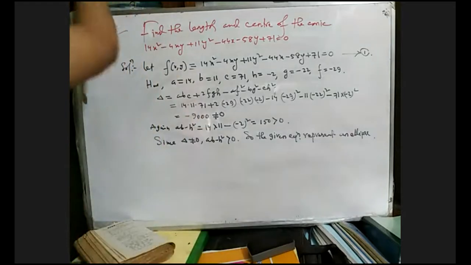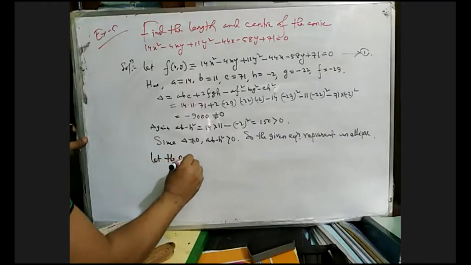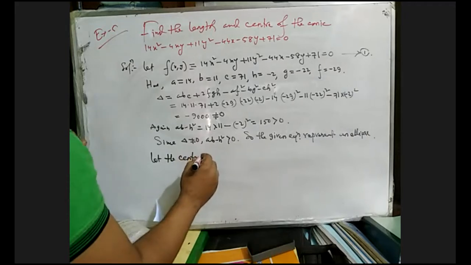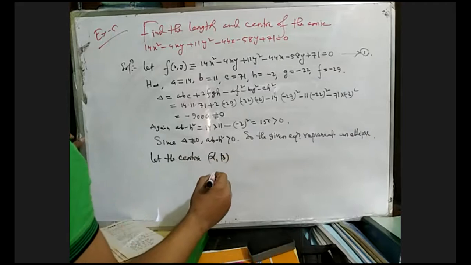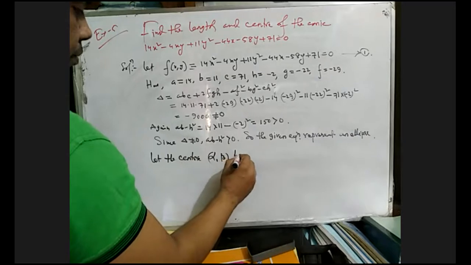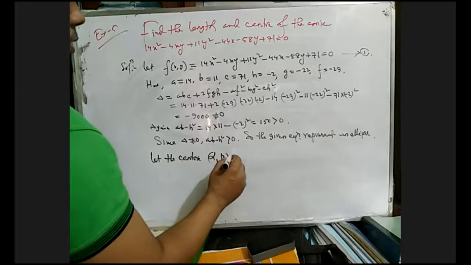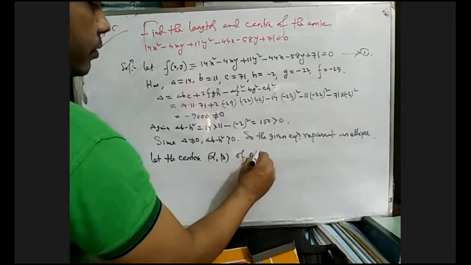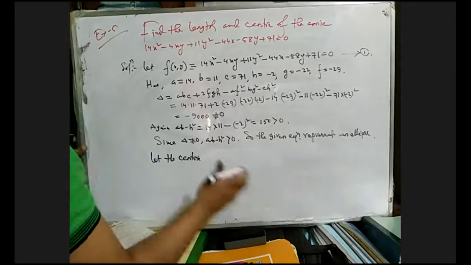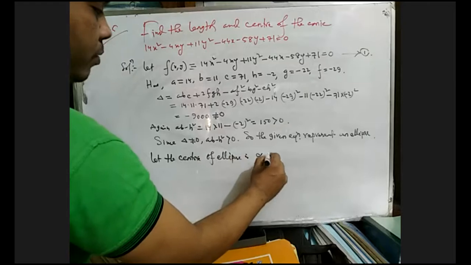Now let the center be alpha beta, as in the previous example. The center of the ellipse is alpha beta.